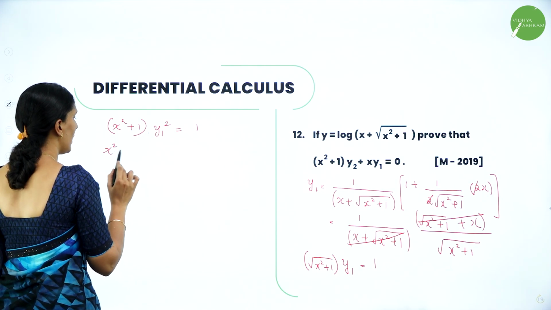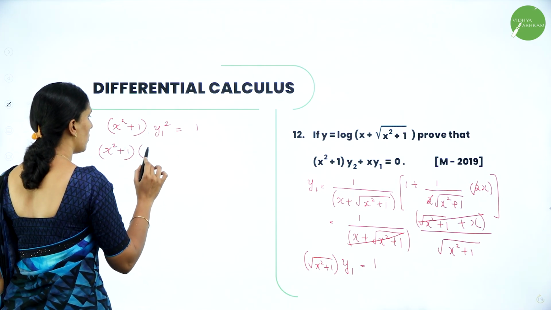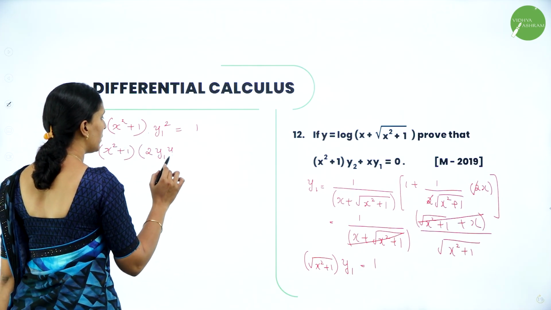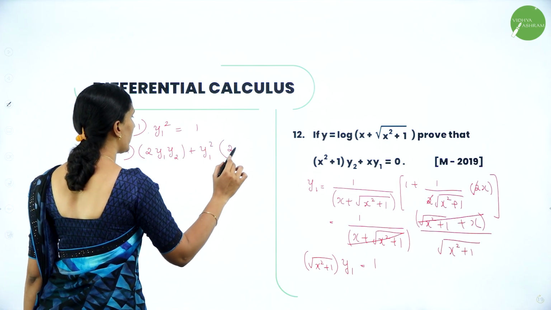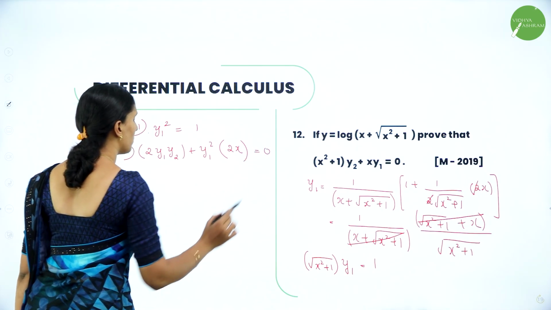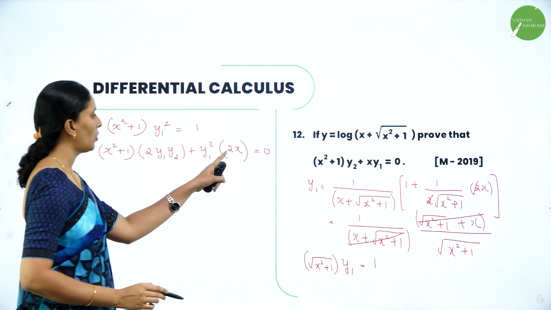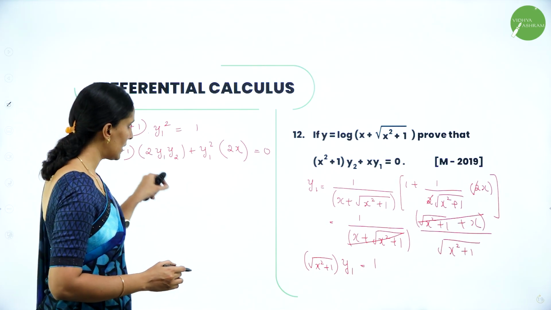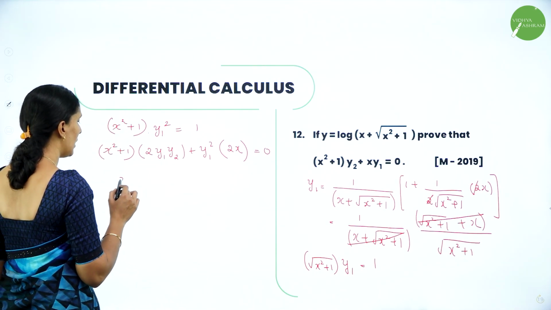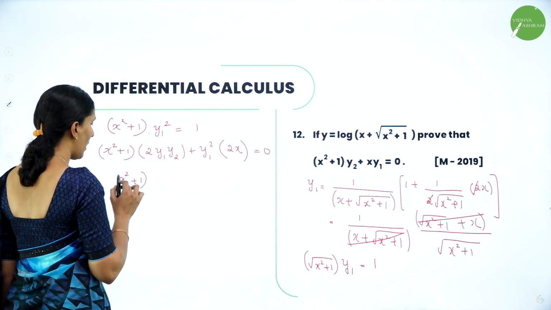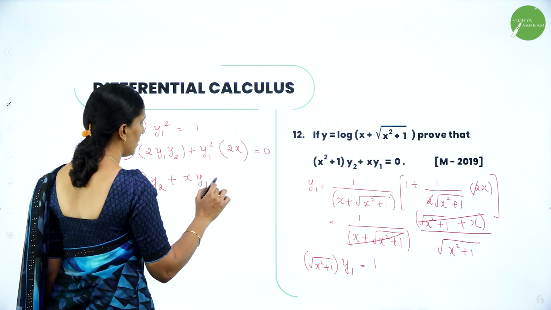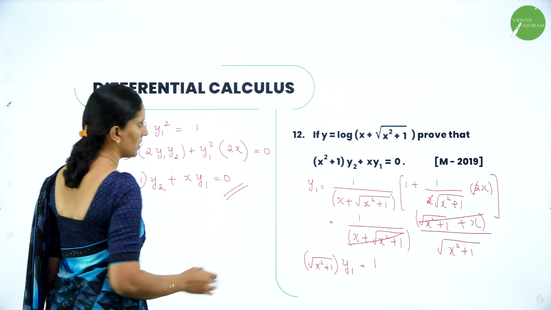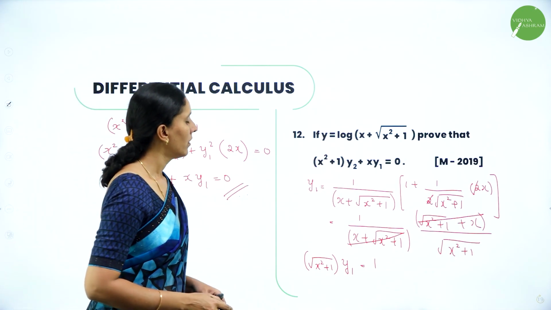So we have (x square plus 1) 2y1 y2 plus y1 square 2x is equal to 0. We have 2y1 as a common factor. Let us remove it. So then we'll get (x square plus 1) y2 plus x into y1 is equal to 0. So this is the required result.